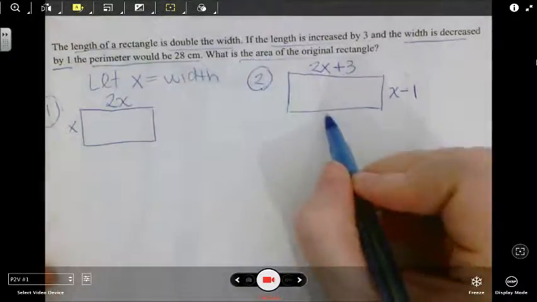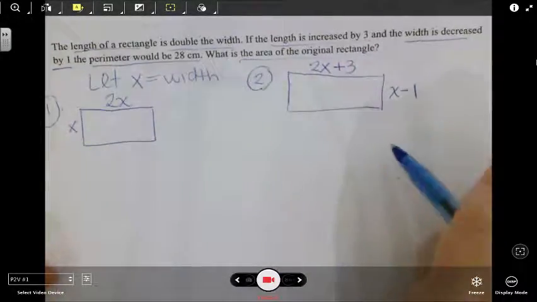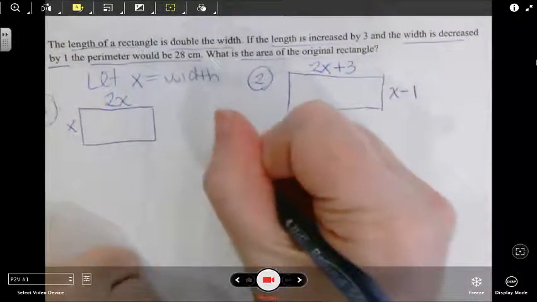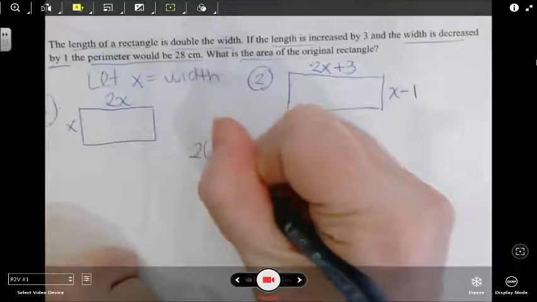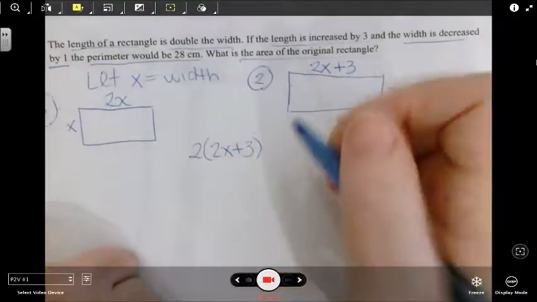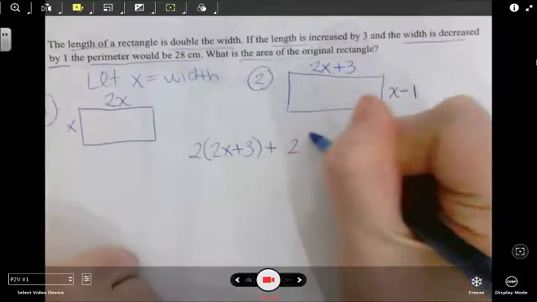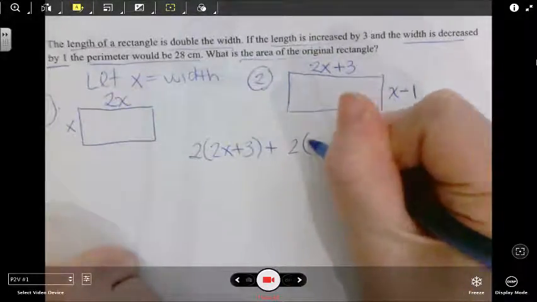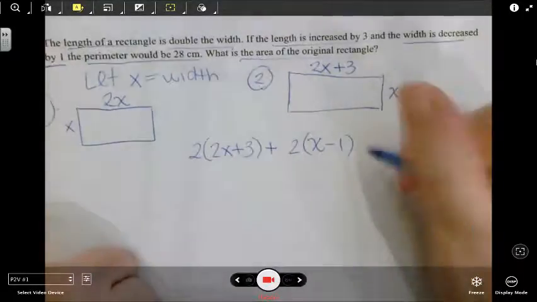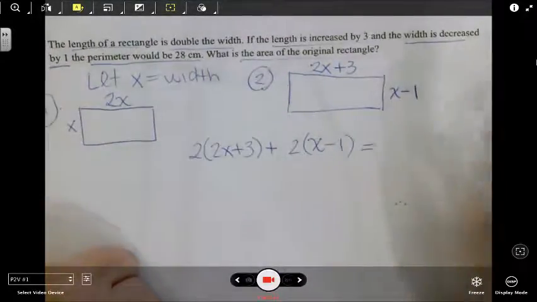If you guys wanted to write out the sides and then make it as just a long addition, that's fine. But I'm going to do 2 times my length, so 2 times 2x plus 3, plus 2 times my width, which is x minus 1, because we're talking about the perimeter of this rectangle, is equal to 28.